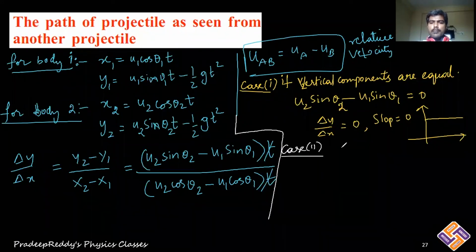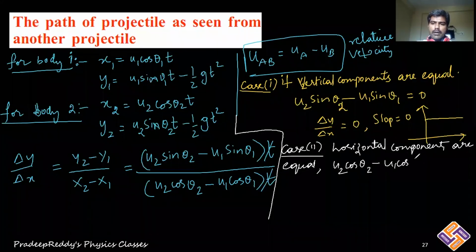If horizontal components are equal, the denominator becomes 0. That is, u2 cos theta 2 minus u1 cos theta 1 is equal to 0. Therefore delta y by delta x is equal to something divided by 0, which is infinity.